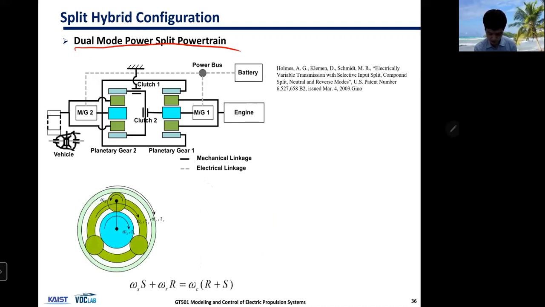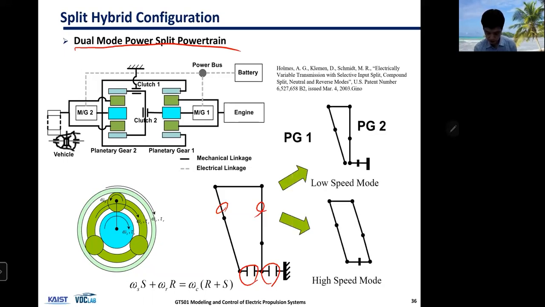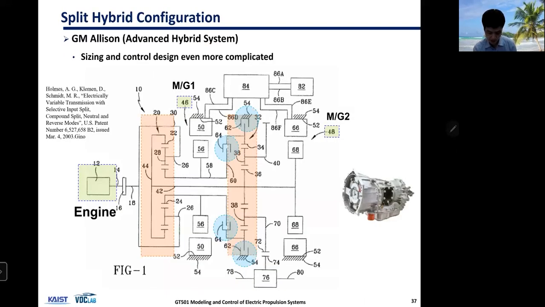which use 2 planetary gear sets and 2 clutches to be able to shift from low speed mode to high speed mode, okay? And we'll talk more about this in the second half of the semester.